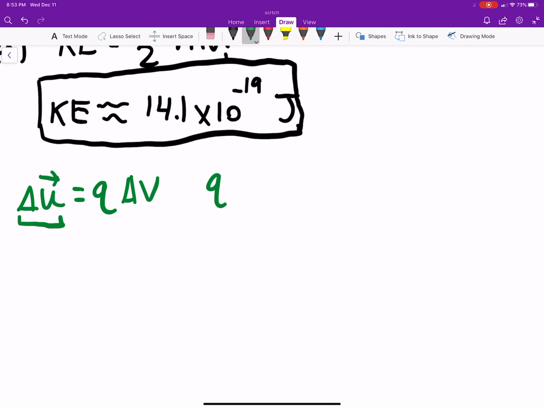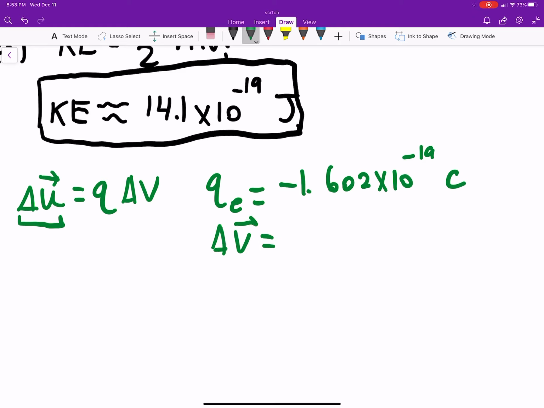The charge for an electron is just negative 1.602 times 10 to the negative 19 coulombs. So that doesn't change. And delta V, that's your potential difference. So your potential difference in this case is going to be what?